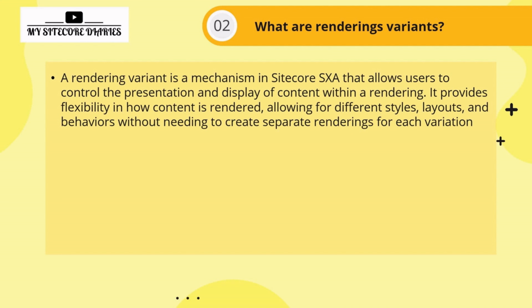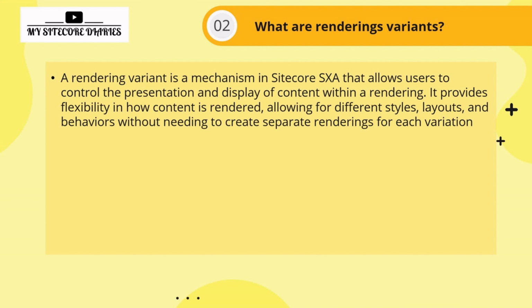Basically you are using only one component, but depending on the situation you are changing the version of that rendering. Every version will display differently. It can have a different style. Somewhere you have a red button, somewhere you'll have a box around the complete component.